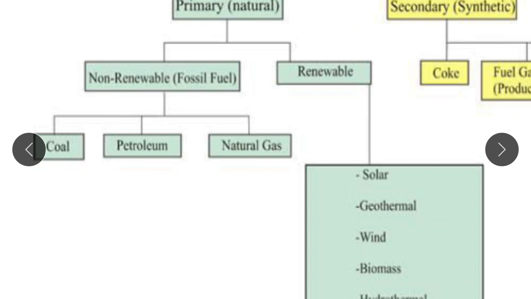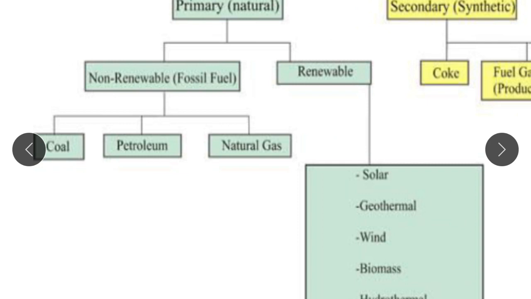You might have heard enough about that, because for the time being we have an abundant quantity of these fuels, on which we are heavily dependent. But these sources are very limited in nature, and they keep depleting, and in the near future we may run out of the sources of all these fuels.